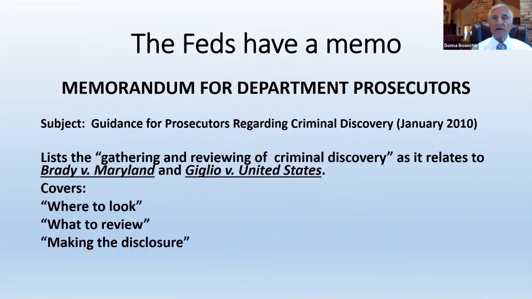Now, the feds have a memo, okay? I know this is for Florida lawyers and so forth, in state court, generally speaking, as far as Rule 3.113. But this is important because Brady versus Maryland applies to all 50 states and all federal jurisdictions.